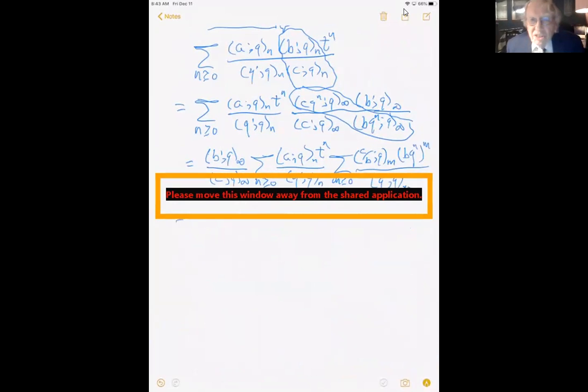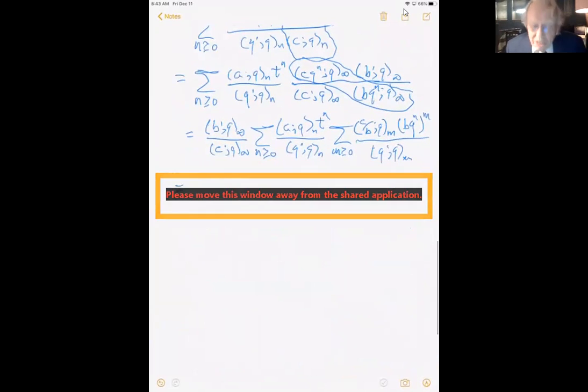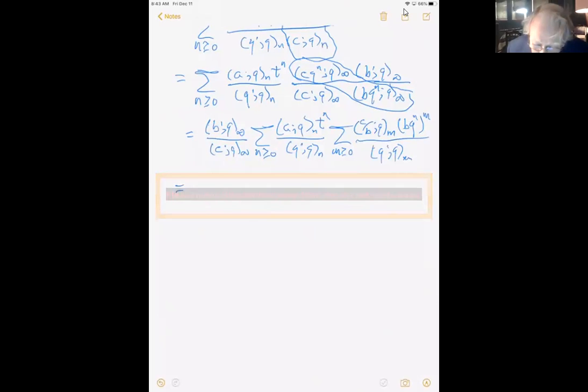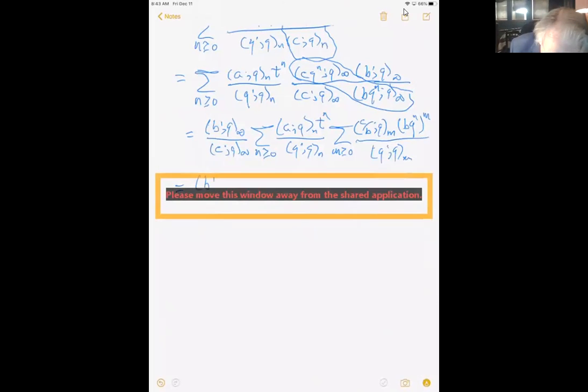And now you interchange the order of summation. I won't go into detail about what's necessary analytically in order to guarantee absolute convergence to allow this exchange. The conditions are not difficult to determine. And so we now have (b;q)_infinity over (c;q)_infinity, summation m greater than or equal to 0.